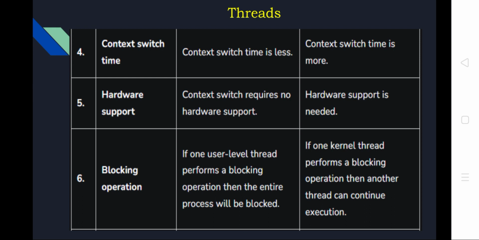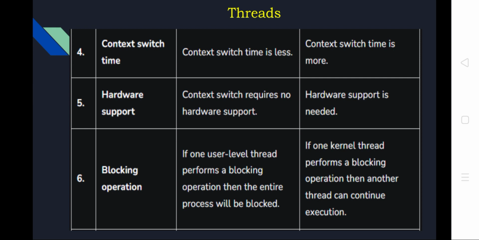The fifth difference is the hardware support. Context switch requires no hardware support for user level threads. That means user level threads are done by the software itself, whereas kernel level threads need some hardware support. And regarding the blocking operation, if one user level thread is blocked, then the entire process will be blocked. We know that every process can have thousands of threads.